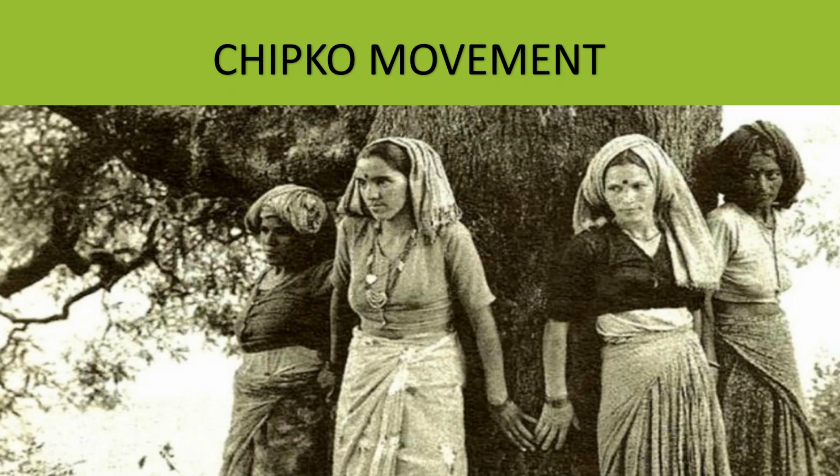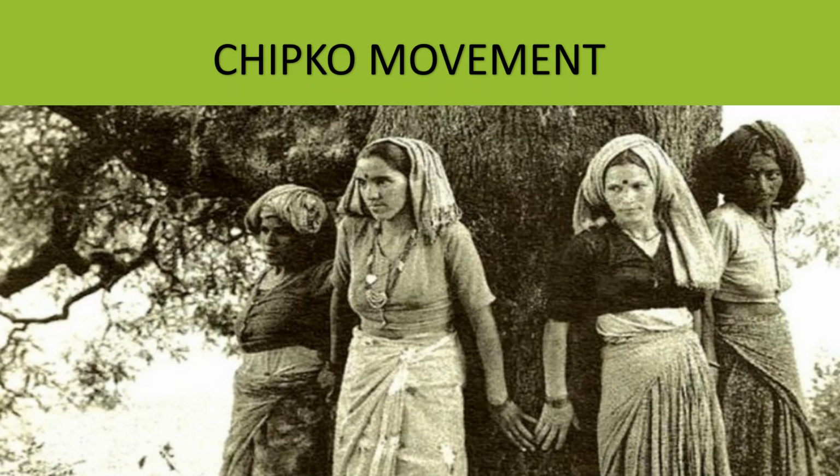And in 1973 this was the first time when the importance of forests came into the picture. As we all know today, the deforestation that takes place in the name of development severely affects our environment.